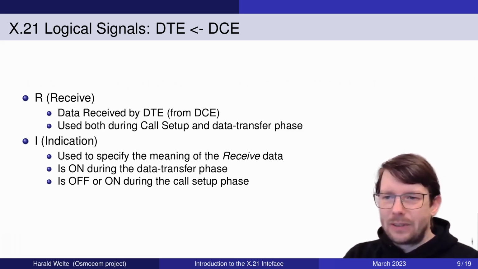It's used to specify the meaning on the receive data line. It's again on during the data transfer phase, so completely unused basically. And it's only off or on during the call setup phase while the call is negotiated or set up with the digital network.